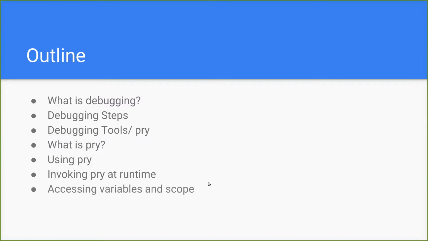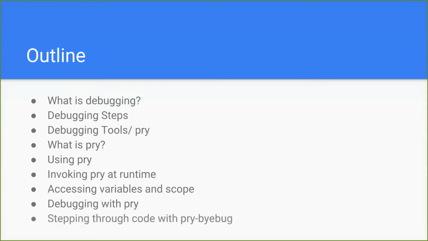And within that, we'll look at accessing variables and how that's affected by scope. We'll move on to debugging within that environment, and finally stepping through code with Pry and Pry-byebug.